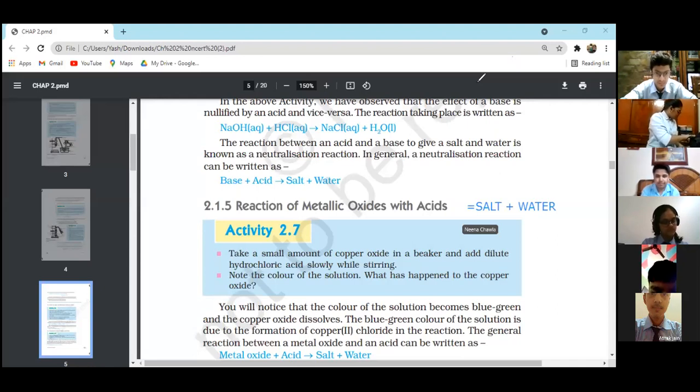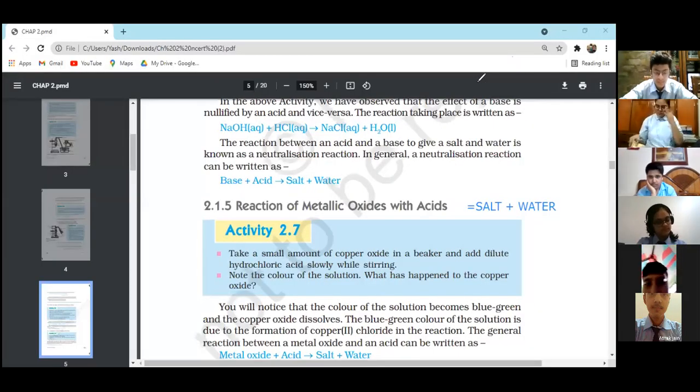Ma'am, to take some amount of copper oxide in a beaker and add dilute hydrochloric acid. We have been asked to add a small amount of copper oxide to HCl, and HCl has to be added slowly and gradually.